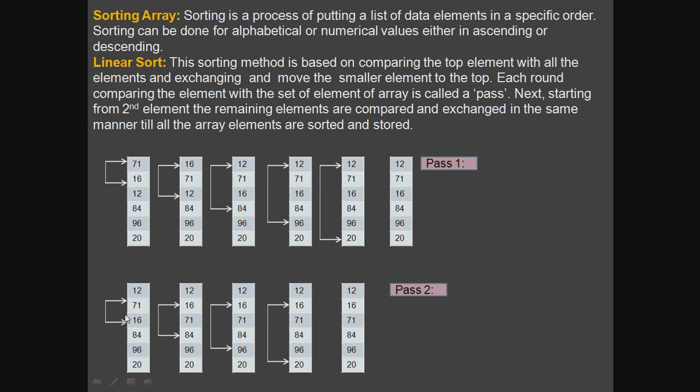The second element is compared with the third, and since 16 is smaller, 16 moves and takes the place of 71, and 71 comes down. The second is compared with the third, the fourth, and the fifth, and by the end of this, the second lowest number will take the second array element. That is pass 2.